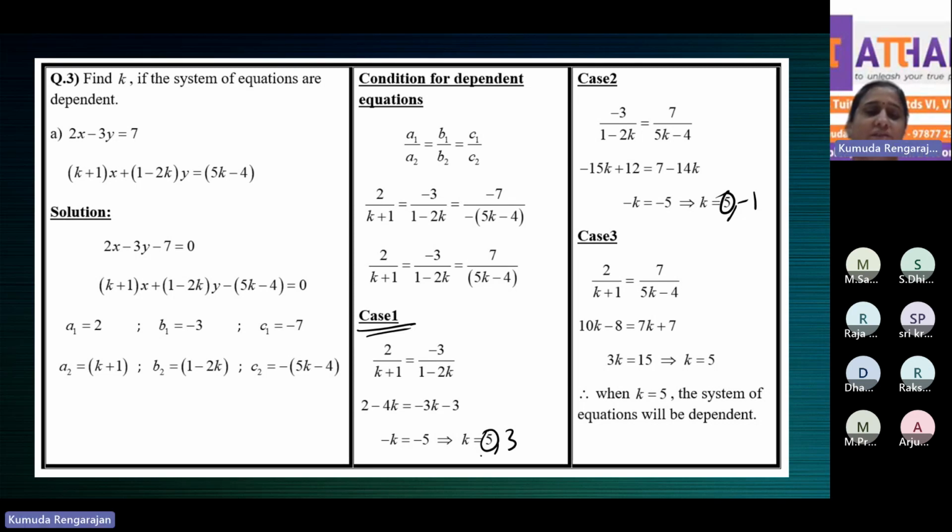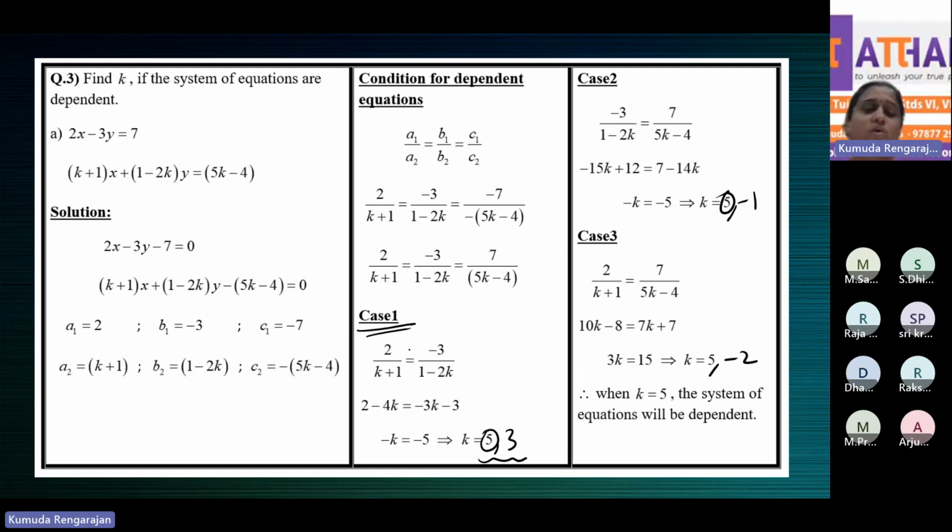Supposing you get, in the first case, 2 values for K, say 5 and 3, and in the next case you get 5 and minus 1. Supposing somebody else has done the other case and gets 5 and minus 2. If 5 is a solution, 5 will come in all the 3 cases.